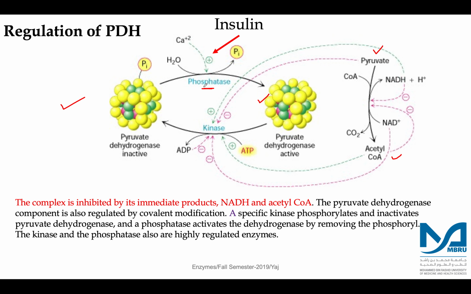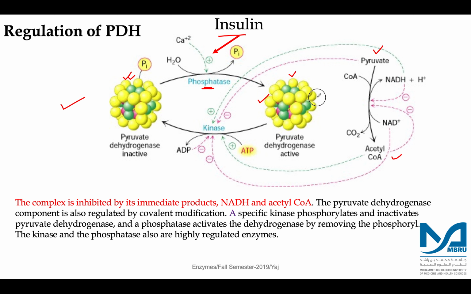And this particular enzyme, phosphatase, is also stimulated by insulin. So insulin activates pyruvate dehydrogenase from its inactive form to its active form.